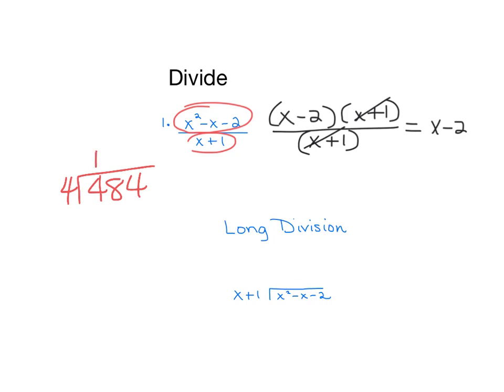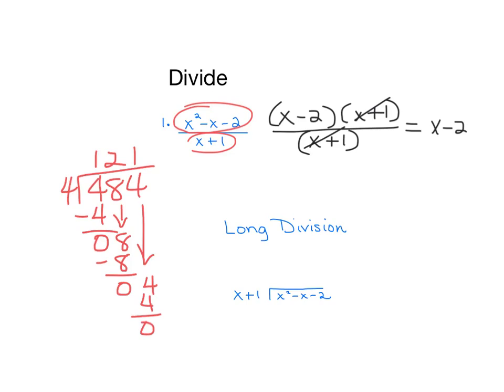And 4 goes into 4 one time, and then you multiply 1 times 4, and then we subtract, and then bring down, and then repeat it again. 4 times what gives me 8? 4 times 2. So then you do 2 times 4 is 8, subtract, bring down. Check it again. Goes in once, remainder 0.